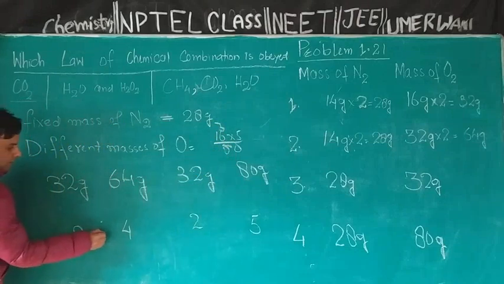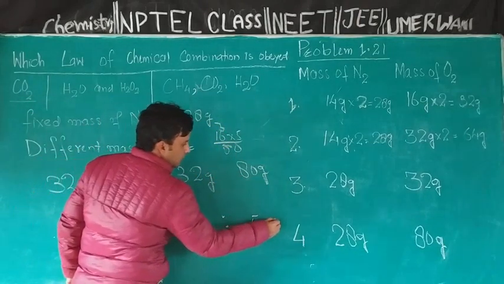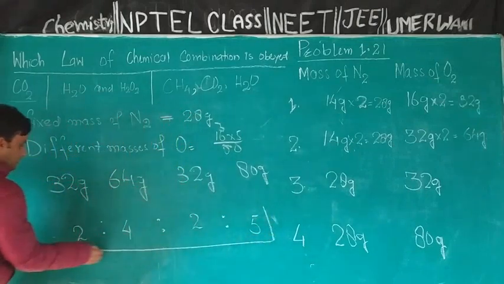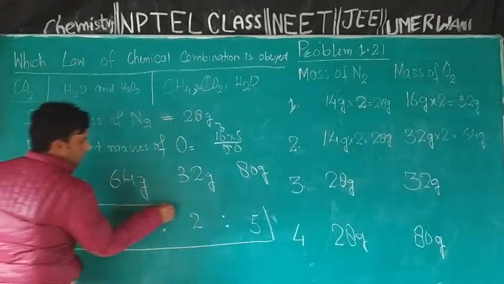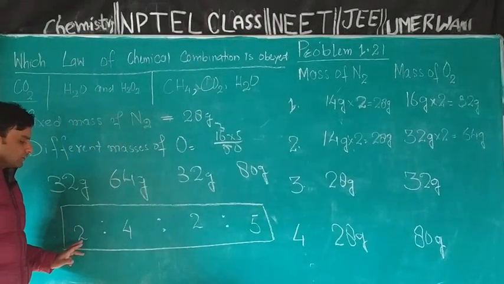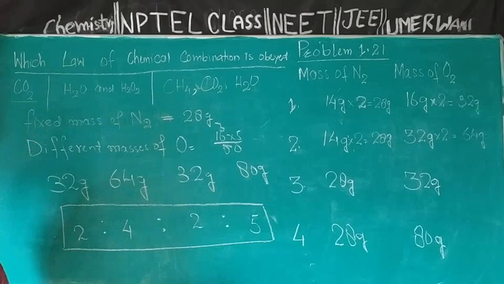Therefore I got that the reacted masses of oxygen in these 4 compounds bear a simple whole number numerical ratio of 2:4:2:5. This ratio is simple, this ratio is whole number.